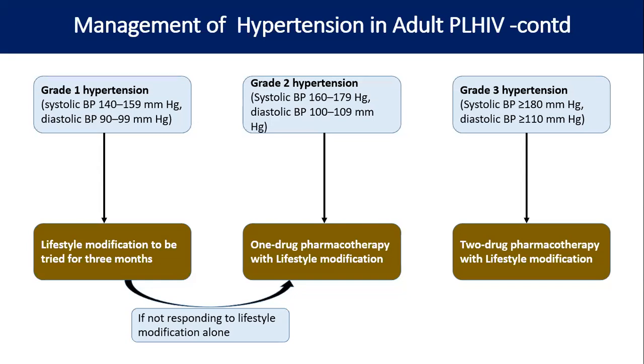But even after 3 months, if the target BP is not achieved, then we should add one drug pharmacotherapy and continue lifestyle modification.